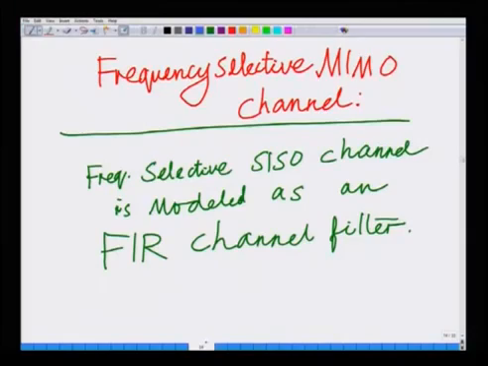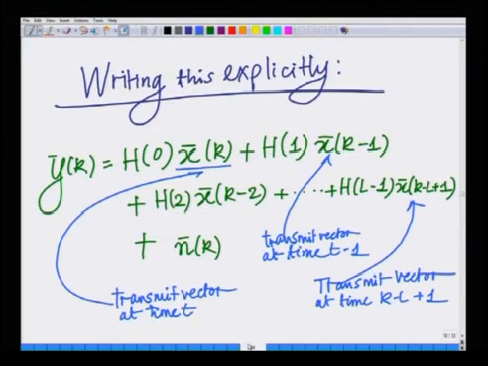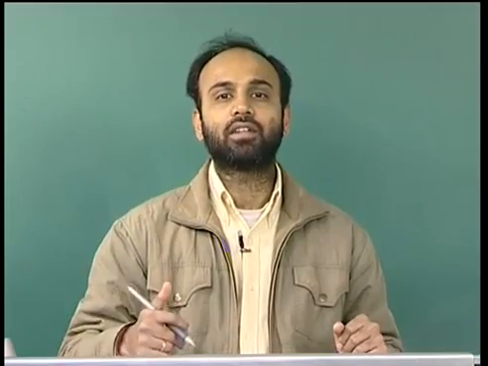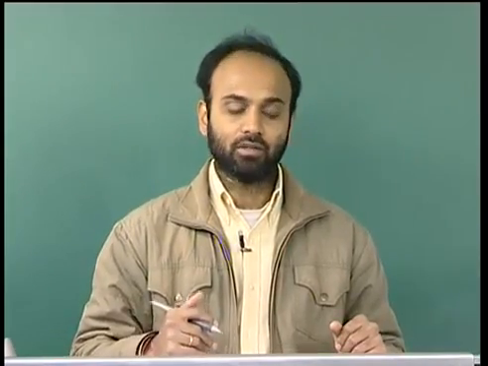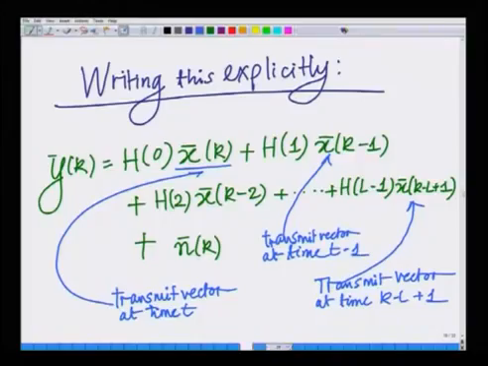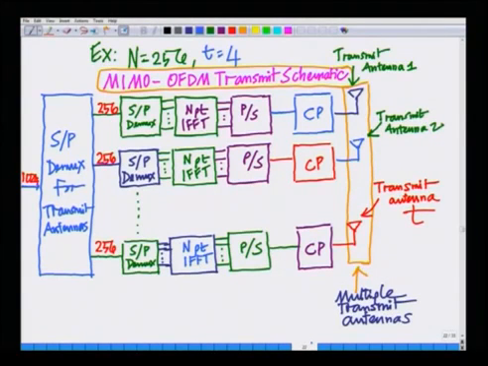Further, the output of such a frequency selective MIMO system can be modeled as a MIMO FIR filter, where the output y bar k depends not only on x bar k, the transmit vector at the current time, but also on x bar k minus 1, the previous transmit vector, x bar k minus 2, and so on, that is, the inter transmit symbol vector interference in this MIMO frequency selective channel.